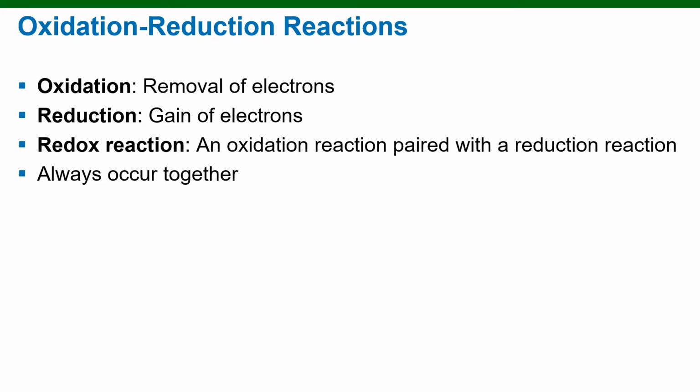And because matter is neither created nor destroyed, that electron has to go somewhere. Wherever that electron goes, there will be a gain of electrons, hence a reduction. Together, these coupled processes are referred to as redox reactions, and they occur together as the electron moves from one place to another.